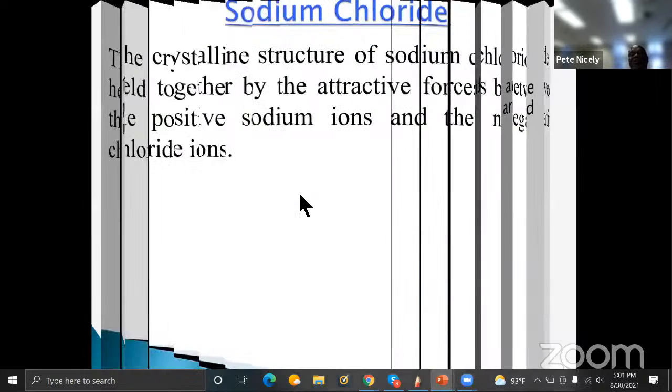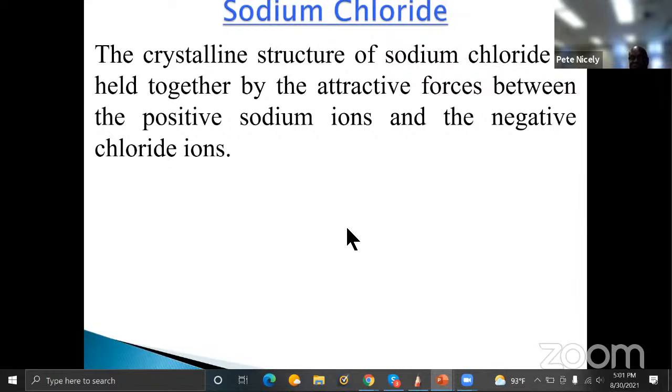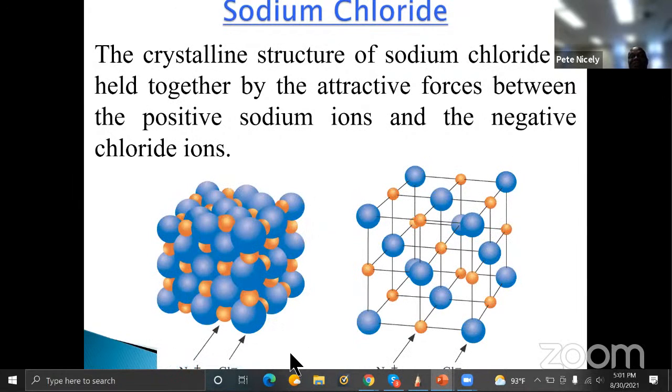Now, in terms of the gross structure of sodium chloride, it's going to look something like this. These are two representations. This is a space filling model, and this is just showing you the positions of the ions with respect to each other. We call this the crystalline structure of sodium chloride. As you can see, it's a very ordered arrangement that simply goes on and on throughout the structure of this particular compound.